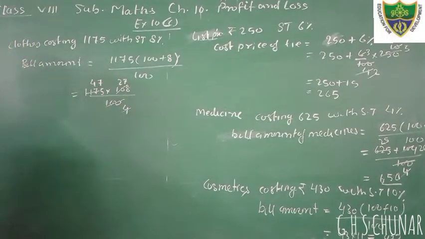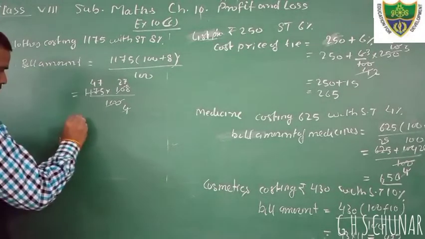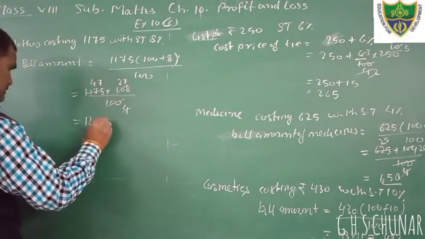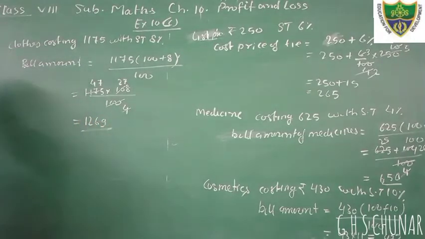Now 47 into 27, that is 1269. Now the question is to calculate the total amount to be paid.